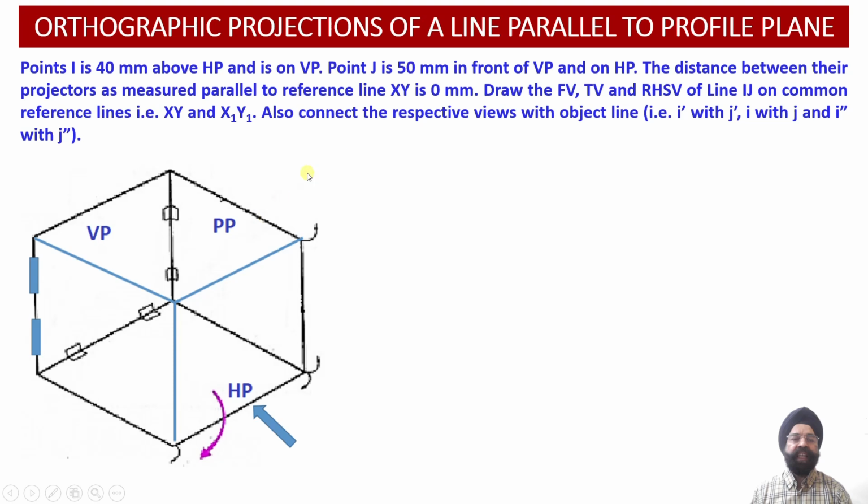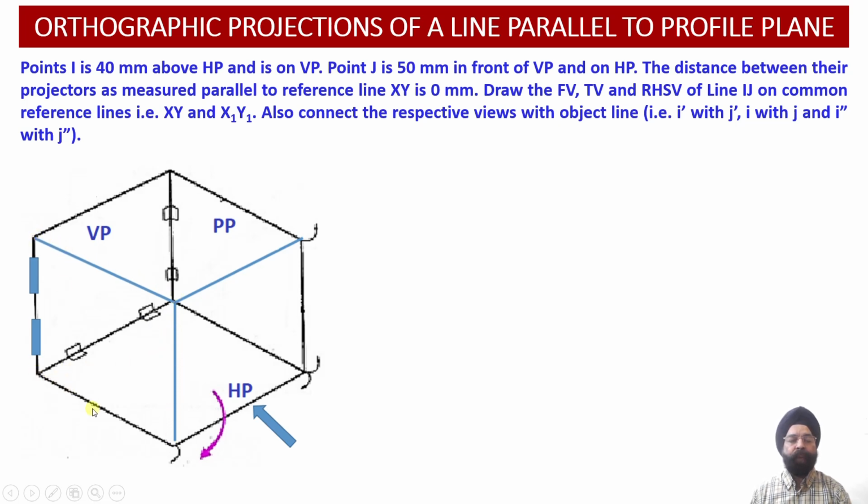Since the right hand side view projection of this line is to be obtained, it will be obtained on the profile plane which is located on the left hand side of this particular 3D environment, right?